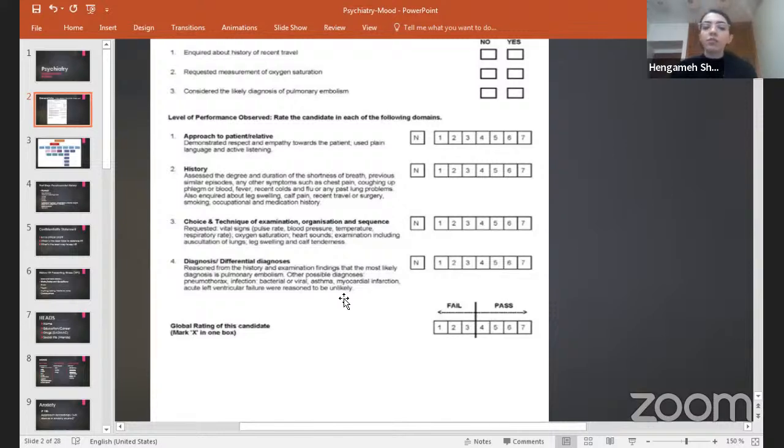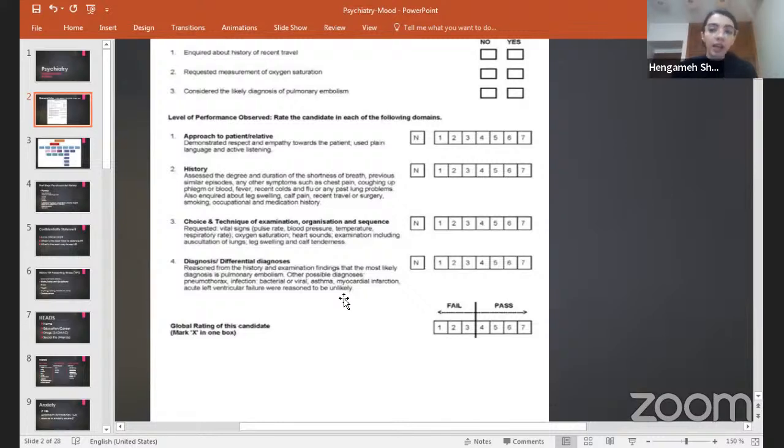Unfortunately, a lot of candidates have a bad habit, and that is they mention the differentials first and then say, but in your case, I think it's pulmonary embolism. But again, it's really important to mention the main diagnosis first, highlight the main diagnosis, and then you can say, I was also concerned about these differentials.